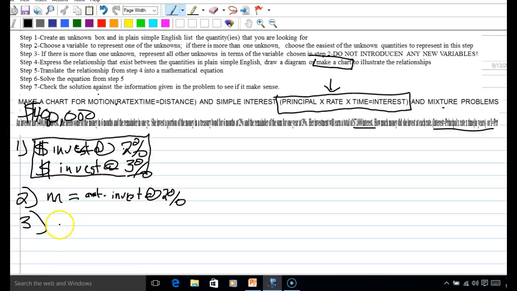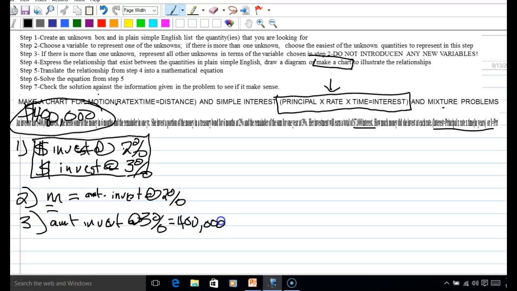So in step 3, I've got to represent the amount of money invested at 3%. Well, keep in mind that she invested a total of $400,000. So if she invested M dollars at 2%, then she would invest the remaining amount, which would be $400,000 minus M, at the other rate.